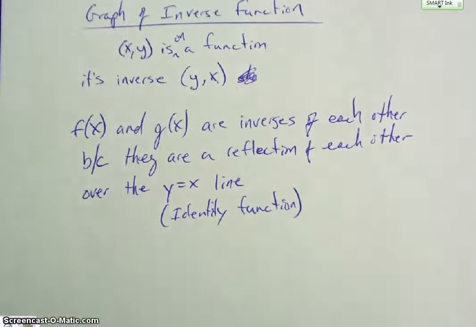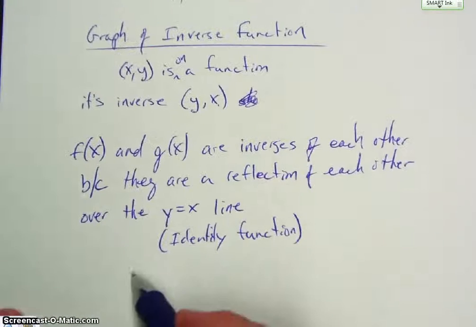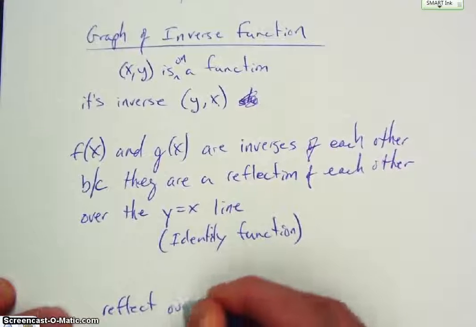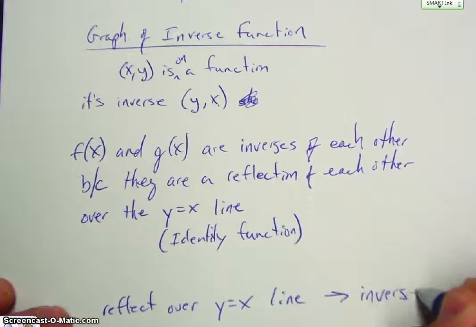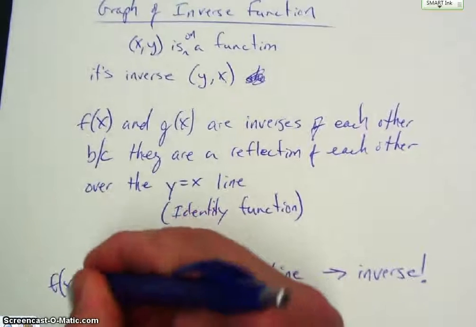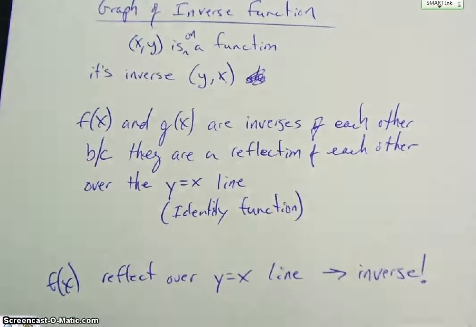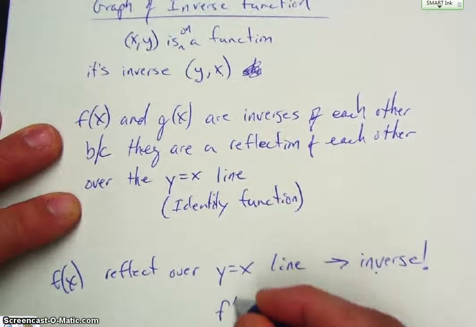All right, so let me review what we just did. In terms of graphing an inverse function, once you have the function, if you reflect it over the y equals x line, you will get the inverse. That is what inverses are. Now, if the inverse is a function, then we can write it in function notation.